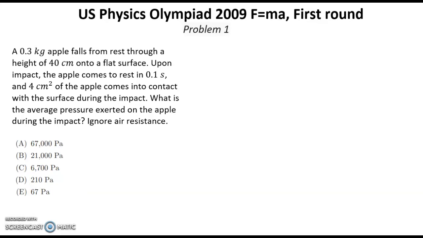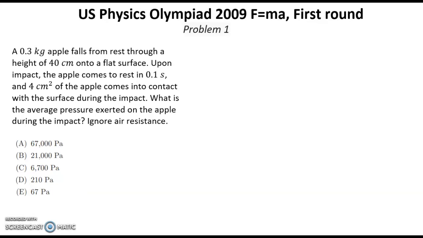Upon impact, the apple comes to rest in 0.1 seconds, and 4 square centimeters of the apple comes into contact with the surface during the impact. What is the average pressure exerted on the apple during the impact? Ignore air resistance.